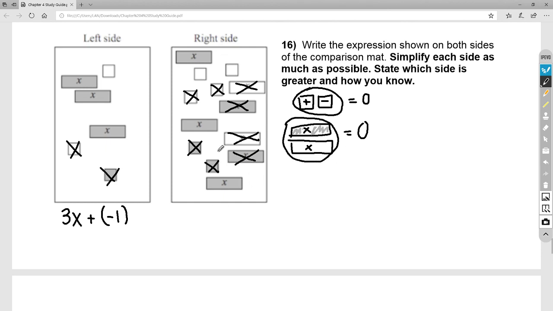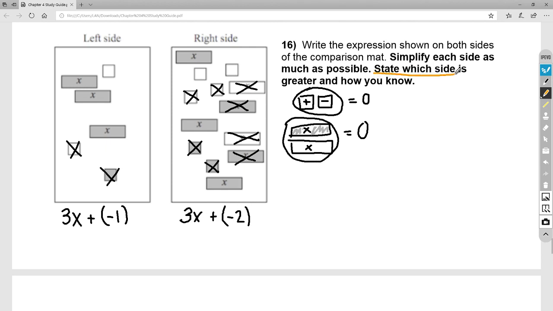Underneath, you write what you have left. You have 3 x's and they're positive, so positive 3x. And then you have 2 of the blank ones, and that would be negative 2. So here are my 2 expressions. On the left, you have 3x plus negative 1. On the right, you have 3x plus negative 2.